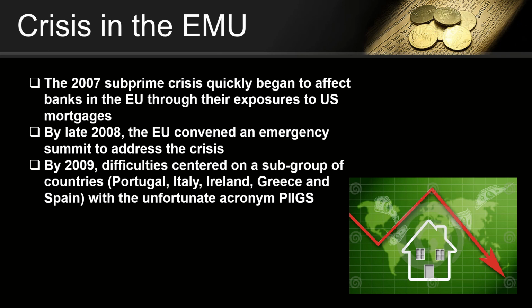In 2009, difficulties centered on a subgroup of countries, including Portugal, Italy, Ireland, Greece, Spain, with the unfortunate acronym PIIGS. Two countries of the PIIGS, Ireland and Spain, also experienced housing booms that came to a rapid end in this crisis. Greece and Ireland became caught up in fiscal crisis, and Portugal and Italy suffered from long-term fiscal weakness.